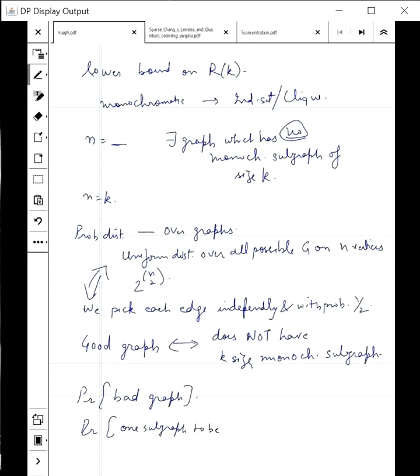That you can easily show is 2 times 2 to the minus k choose 2. Now, k choose 2 is the number of edges in the size k subgraph. So for the entire subgraph to have all edges the same color, this is the probability, and 2 appears because it can either be an independent set or a clique. The probability that one subgraph is monochromatic is this.